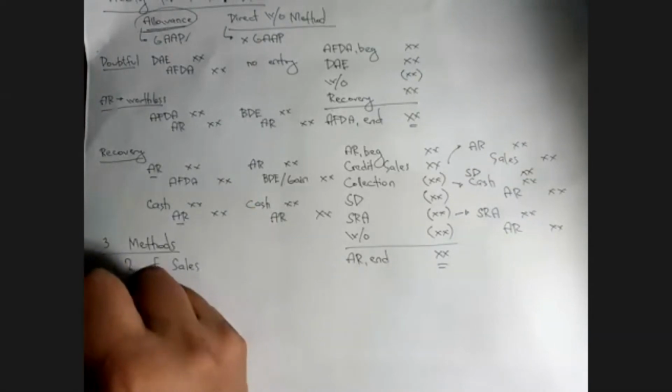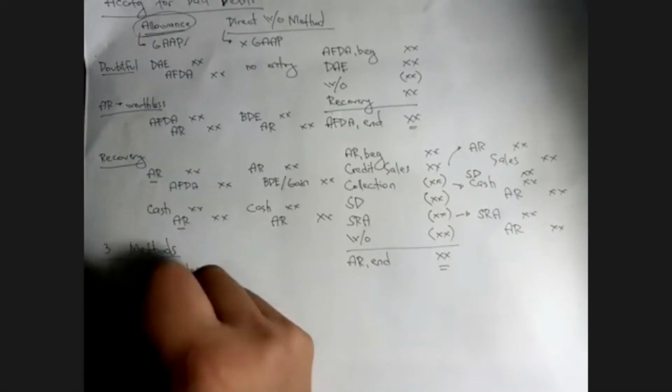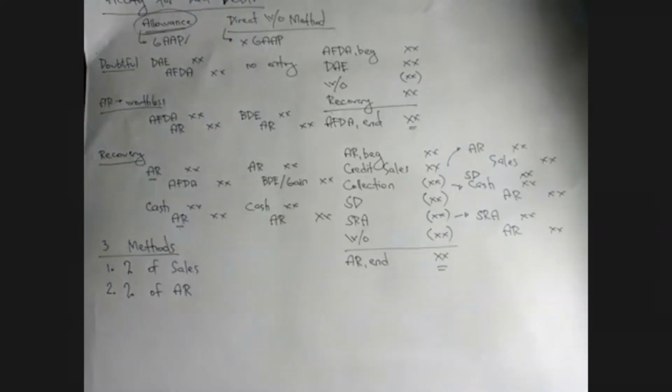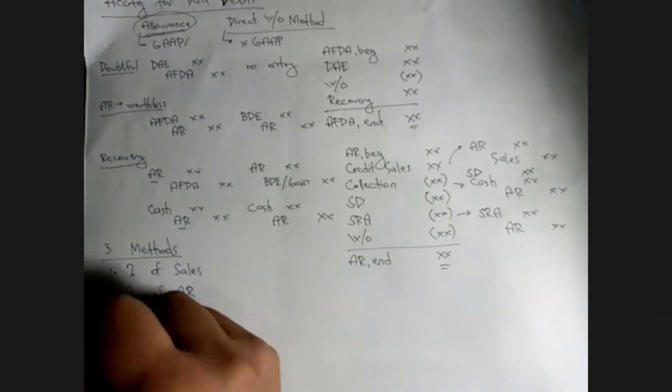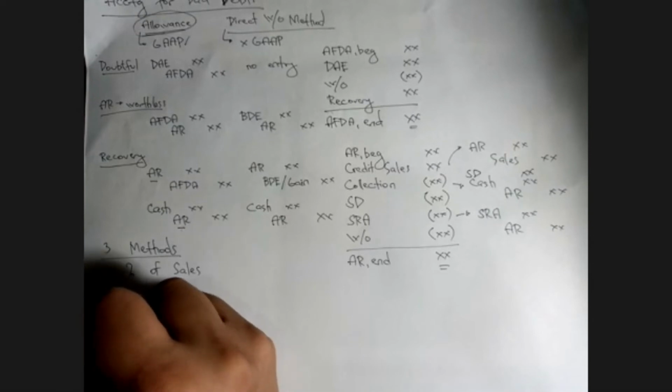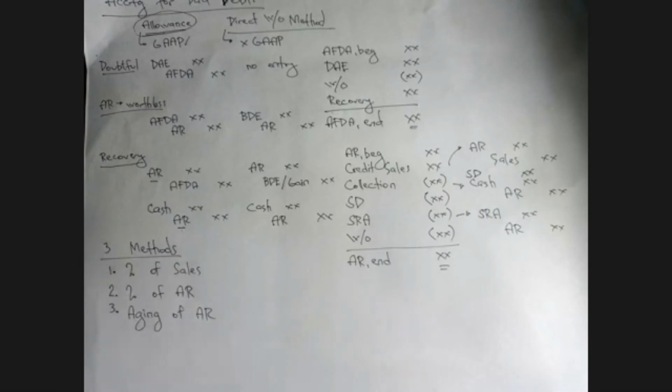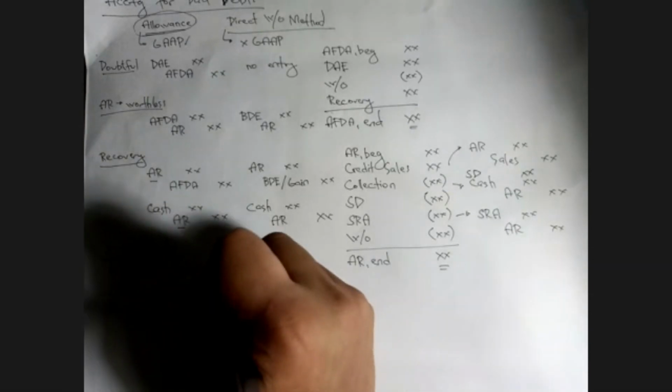Method number 2 is yung tinatawag natin na percentage of accounts receivable method. And then method number 3 is yung tinatawag natin na aging of accounts receivable.